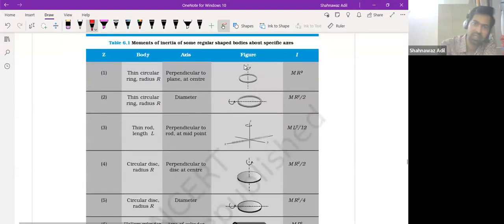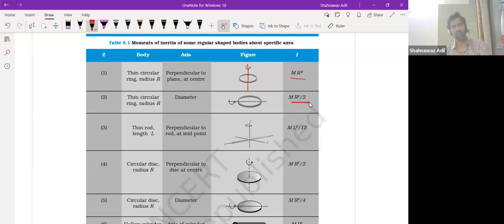So for the ring, perpendicular to the plane, this is mr square. But if we are rotating this ring diametrically, then the inertia would be different.